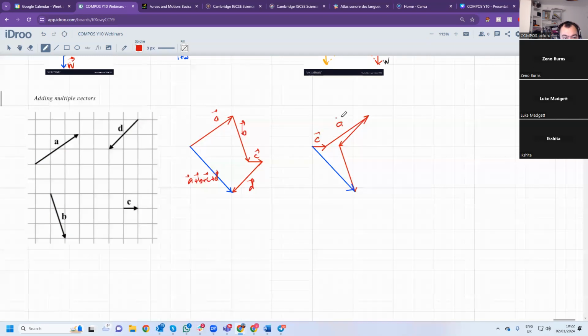C plus A plus D plus B. You still get the same vector, A plus B plus C plus D. Any questions here? Please let me know.